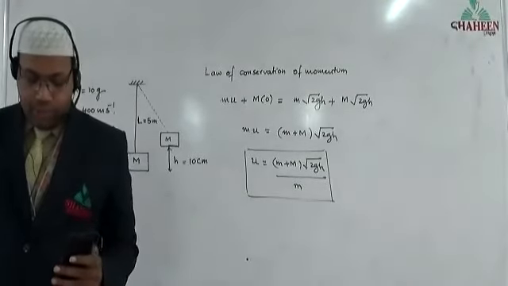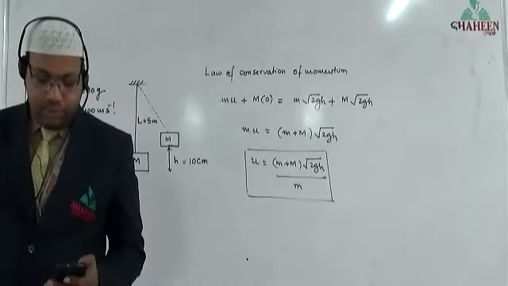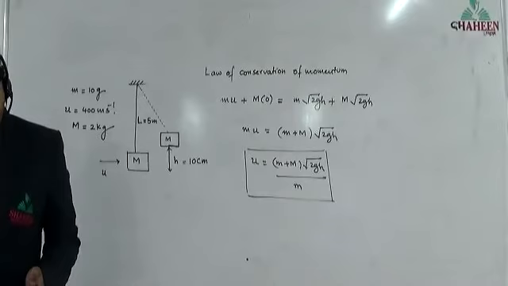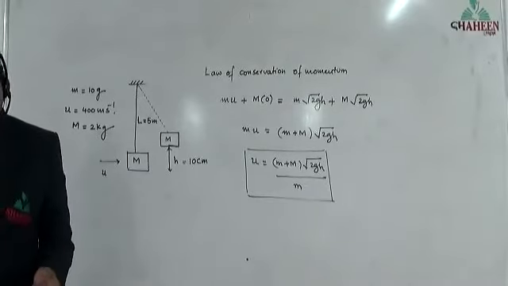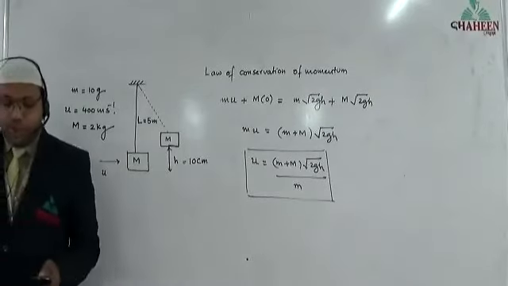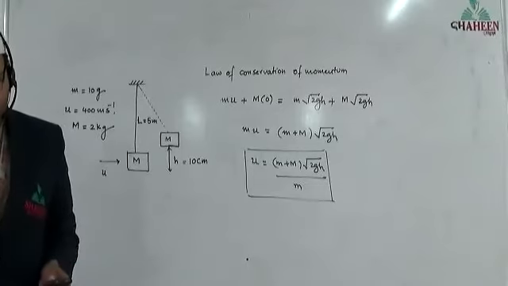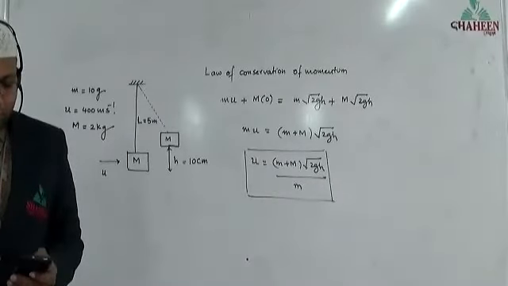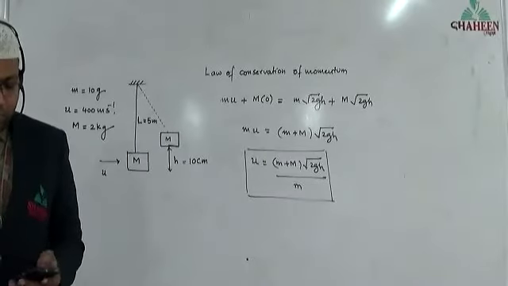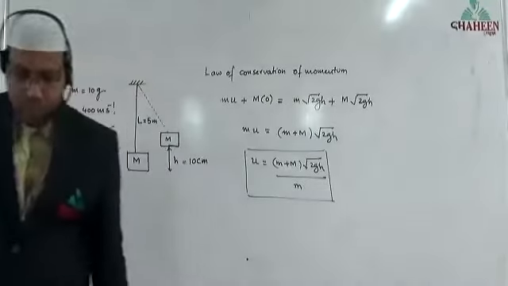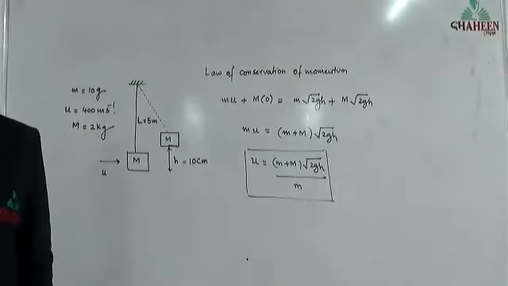The speed of the bullet after it emerges out horizontally from the block will be?